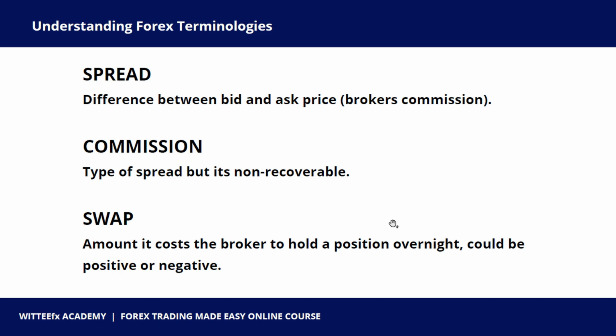You just have to wait for the market to first move the number of pips the broker has charged you before you start making your own profit. However, for commission, the broker doesn't feed you in at a worse price if you are buying. The broker feeds you immediately at the right price and then charges you a non-recoverable fee.